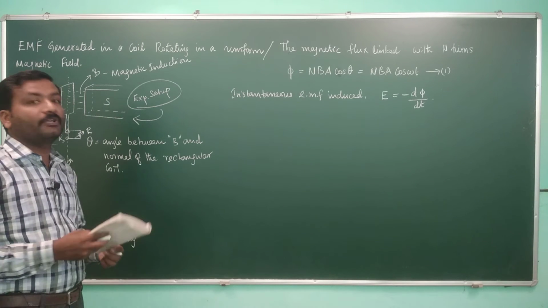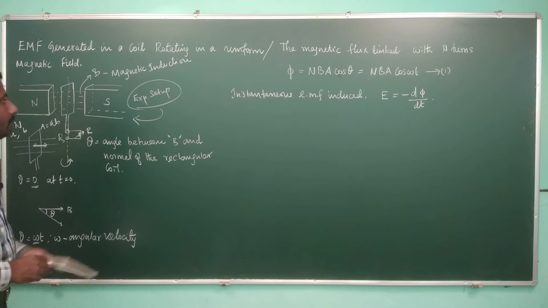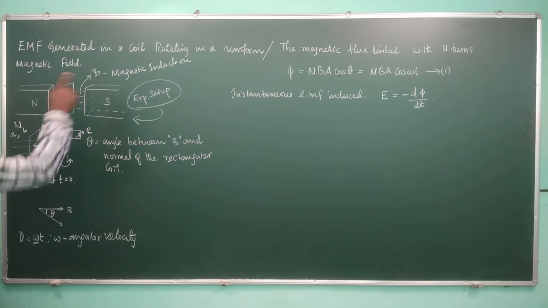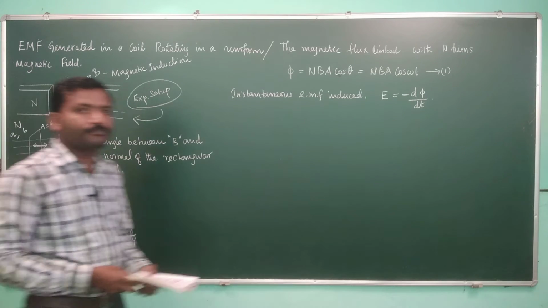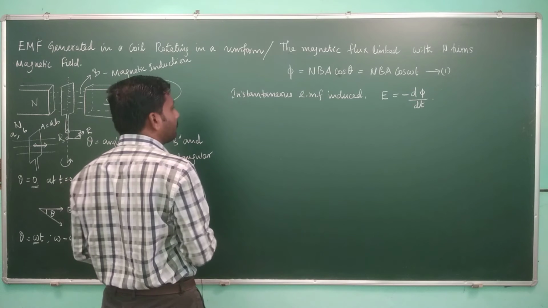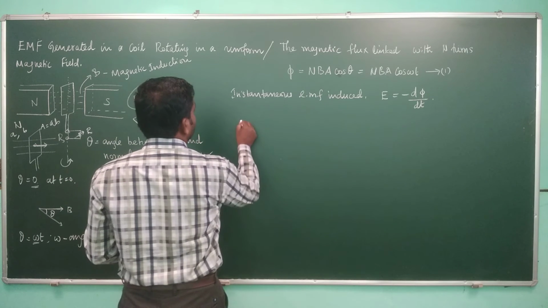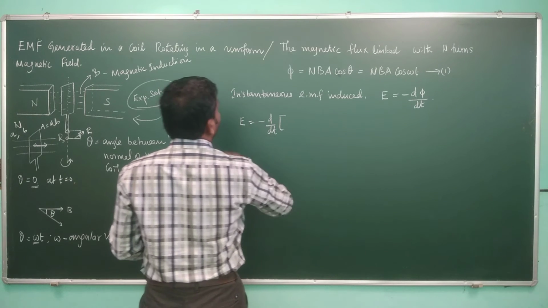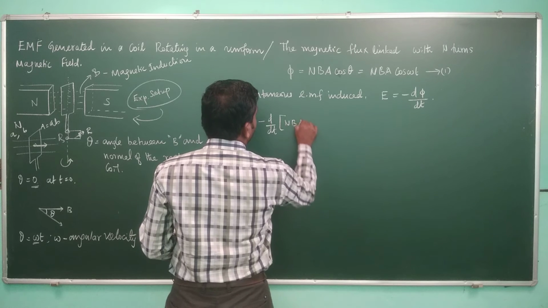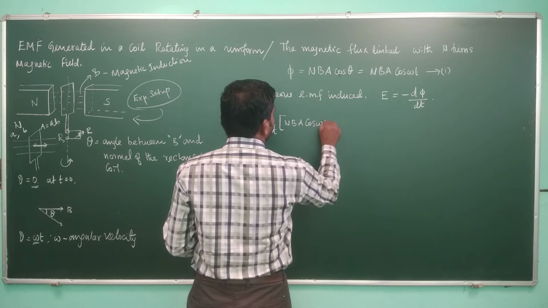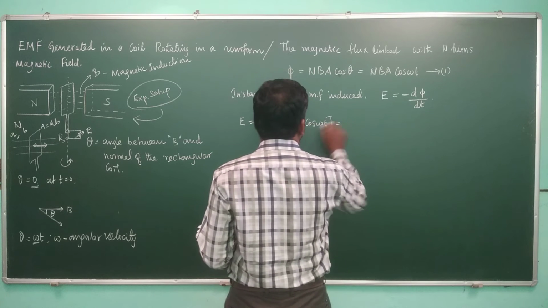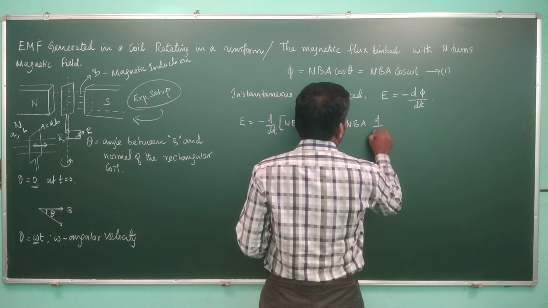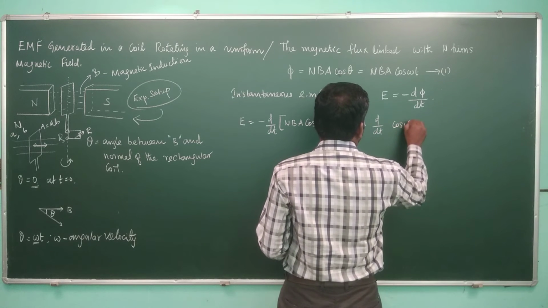Because this induced EMF will oppose the flow of the current, that is, it will oppose the effect of the magnetic induction which creates the flow of the current. So we put minus, and we have the expression for phi, NBA cos omega t, where N, B and A are all constant, so minus NBA d by dt of cos omega t.